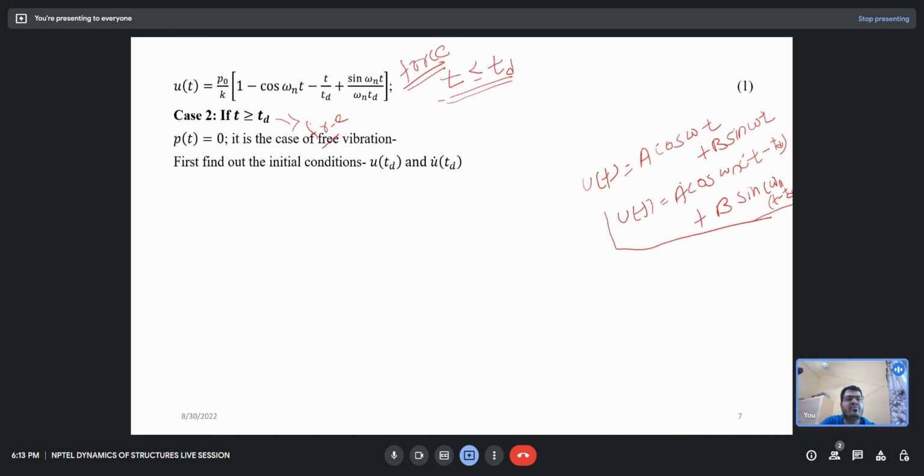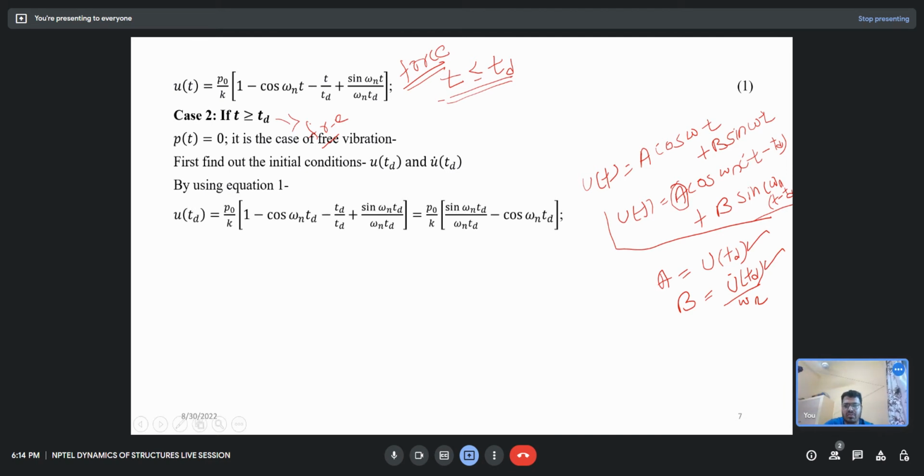And here, what would be the free condition a? A would be u(td), and b would be u dot (td) divided by omega n. As you know, we have solved this kind of equation in our first or second BE. So first we have to find out what is my u(td) and what is my u dot (td).